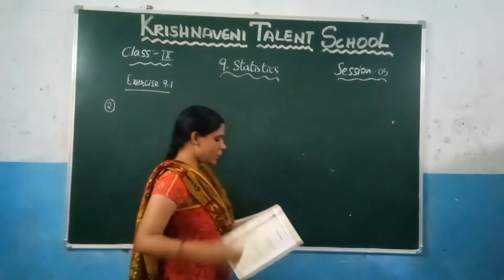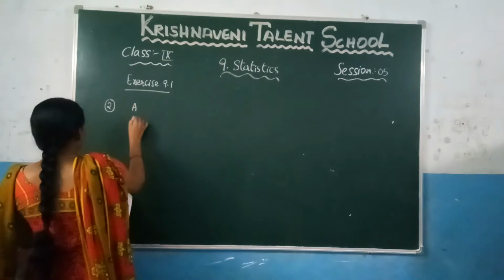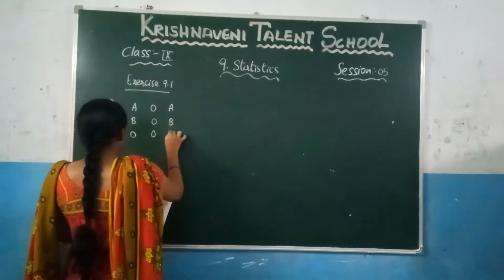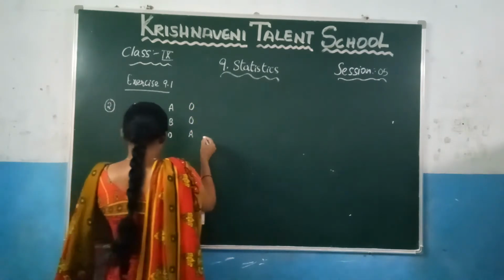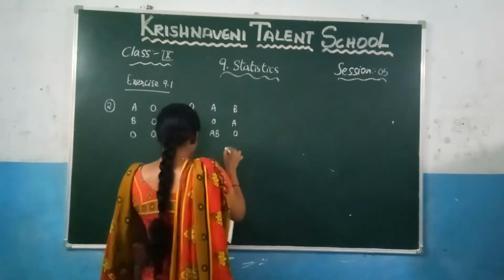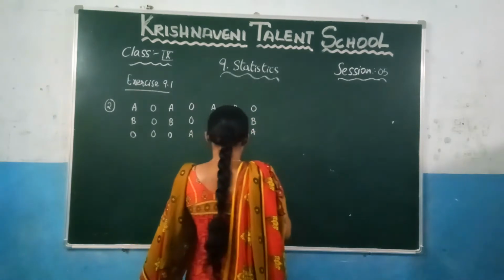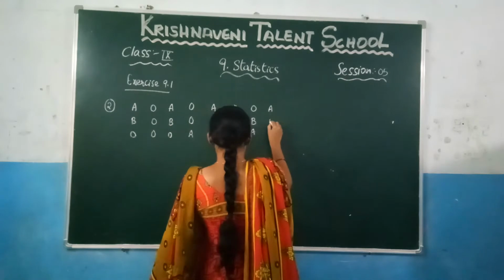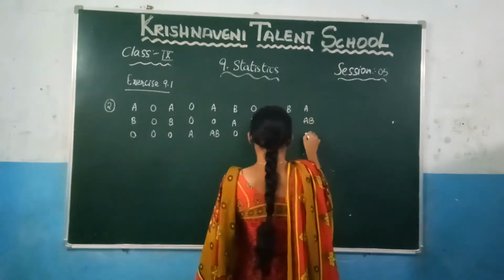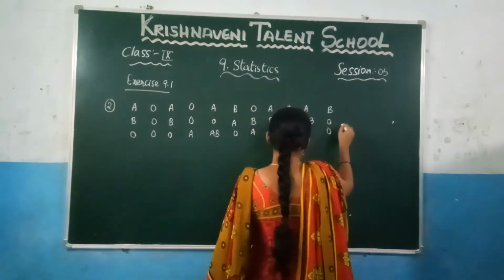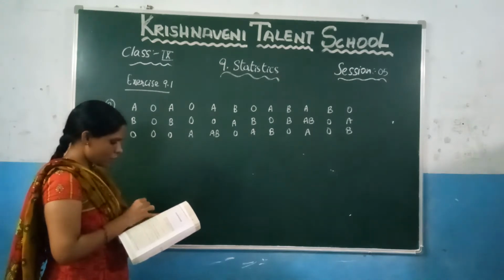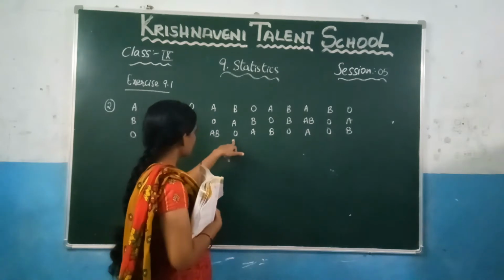Here what is given? The blood groups of 36 students of 9th class, they have given here like this, which is A, B, O, again A, B, O, B, A, O, and the next one they have given as O, B, A, again A, B, O. Okay, here 1, 2, 3, 4, 5, 6, 7, 12 columns there we got it here. 1, 2, 3, 4, 5, 6, 7, 8, 9, 10.